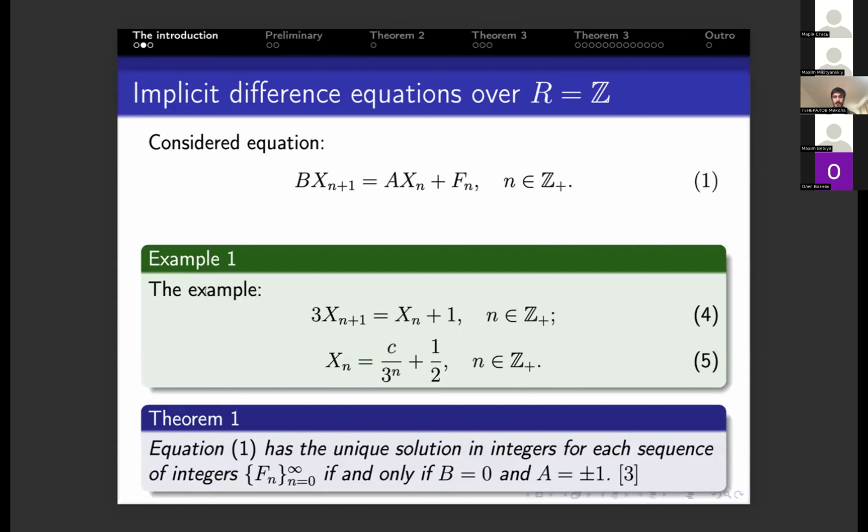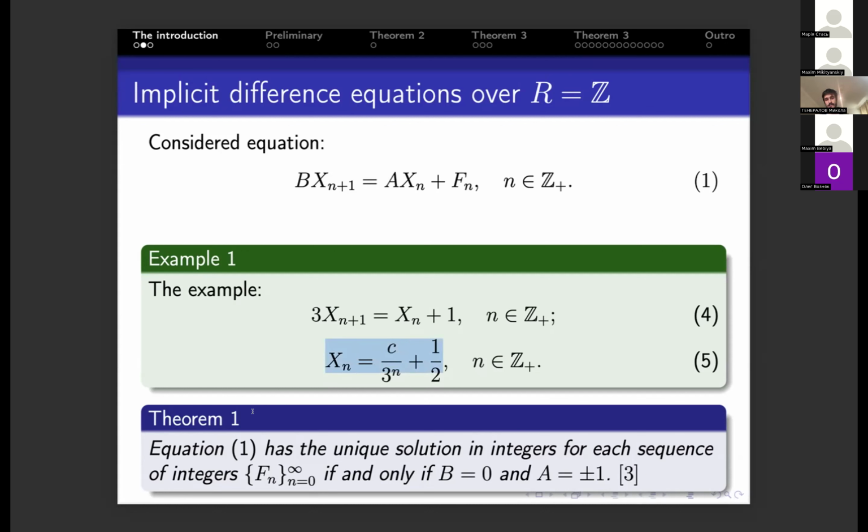Consider now an example. Equation 4 has a general solution 5 over the ring of rational numbers, but for any given constant c, we won't get a solution in integers. Theorem 1 establishes the solvability criterion for equation 1 over the ring of integer numbers.